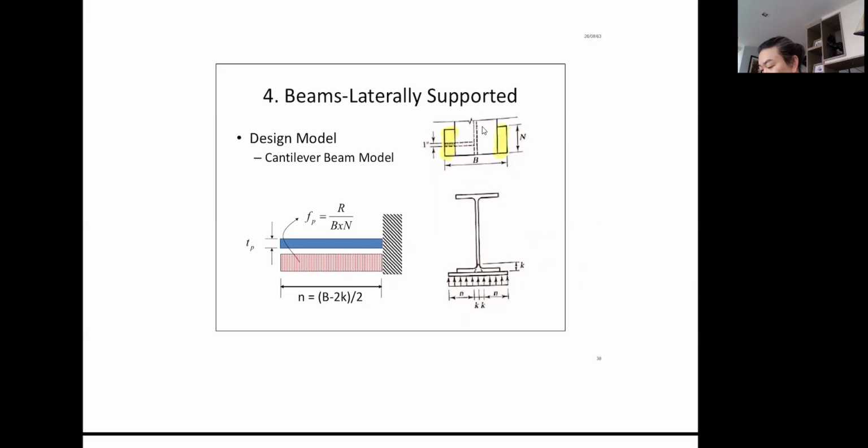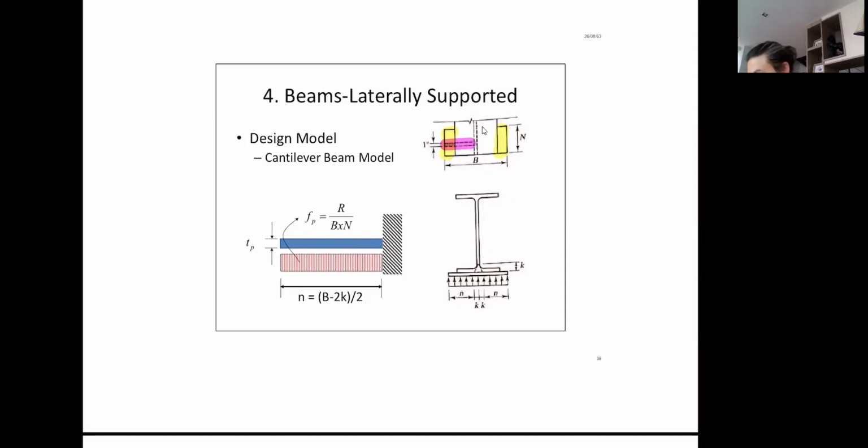The plate is going to bend from some distance, and in some part of the beam we can assume that it is going to act as a support. So this plate, this strip, you can see, is basically just like a cantilever beam.